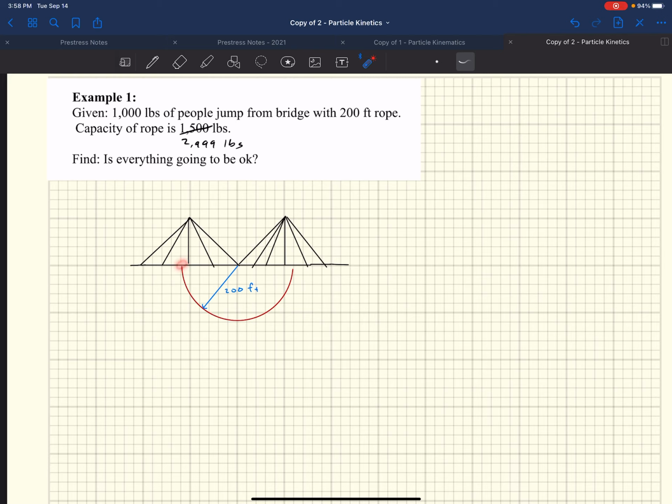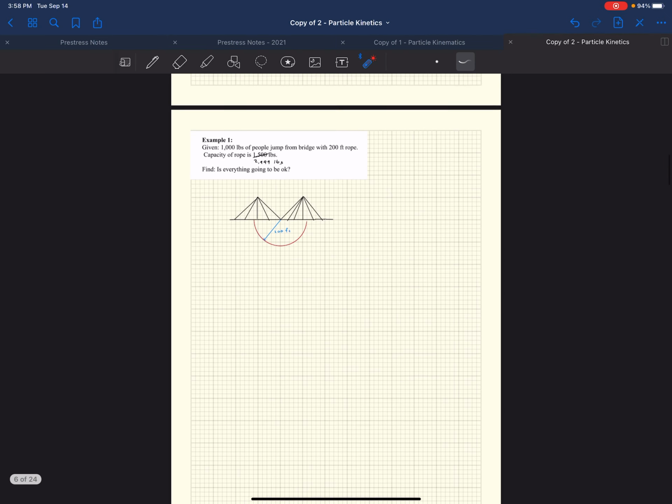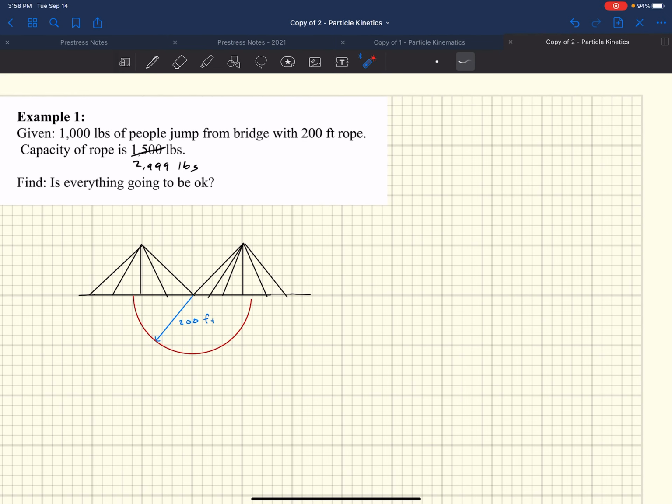They're tied to it. They got a rope attached to them, and they go whoosh, and they swing. The big giant swing, and they have a radius of 200 feet. Both of the problems, yeah, they both have radii of 200 feet. So they jump off, kind of go around there. Okay, if the rope has a capacity of 1,500 pounds, or I guess 2,999, I modified it. It has the capacity of 2,999 pounds. Will everybody be okay when they jump off of this?